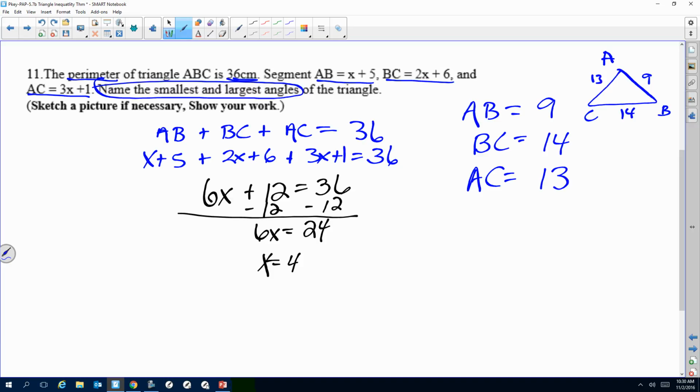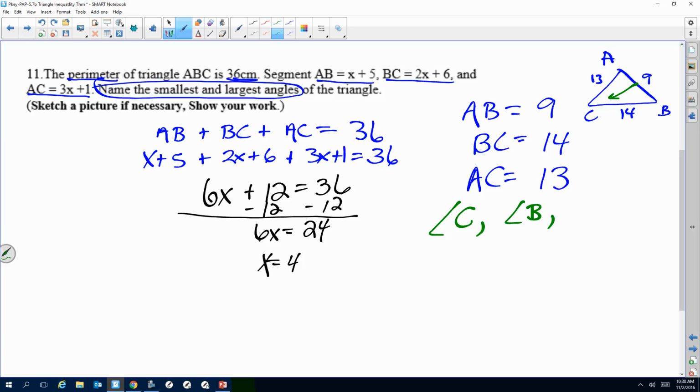My smallest is the 9. The side with the 9 on it. I'll look opposite that. So our smallest angle is C. Angle C. All right, so angle C. Then we go to angle B. Why do I go to angle B?